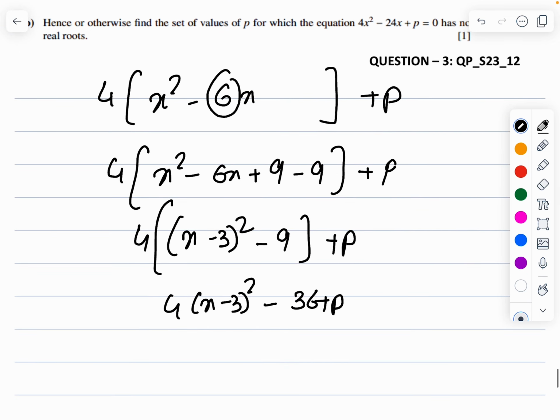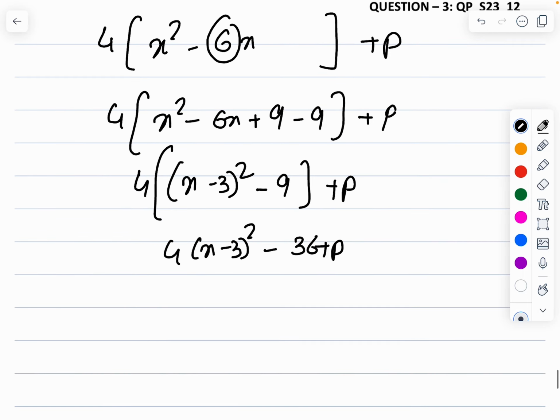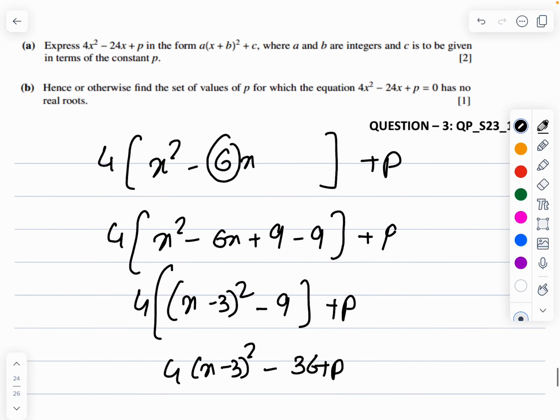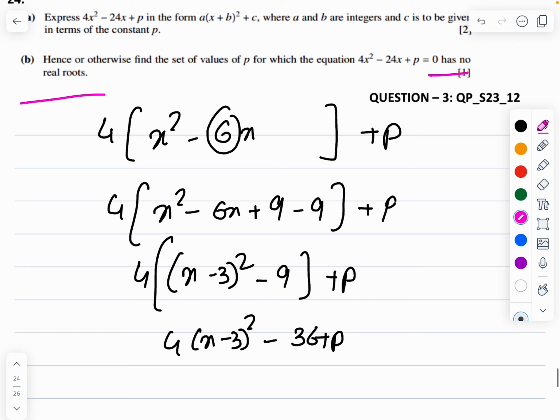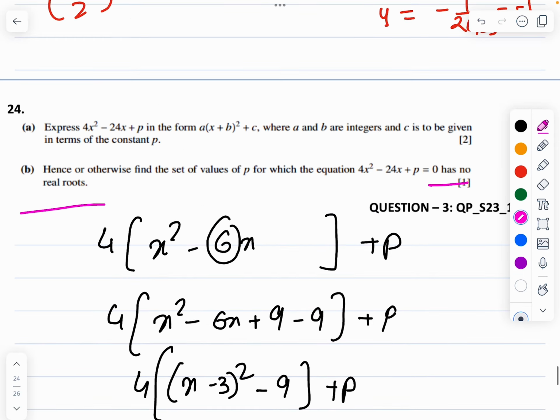Hence or otherwise, find the set of values of p for which this has no real roots. So what is the condition of no real roots? No real roots is nothing but b square minus 4ac is less than 0. So part B, b square minus 4ac is less than 0. What is b over here?